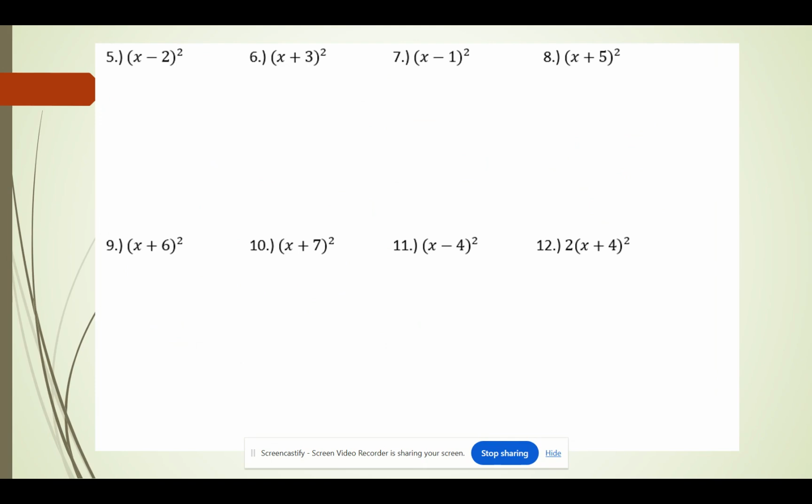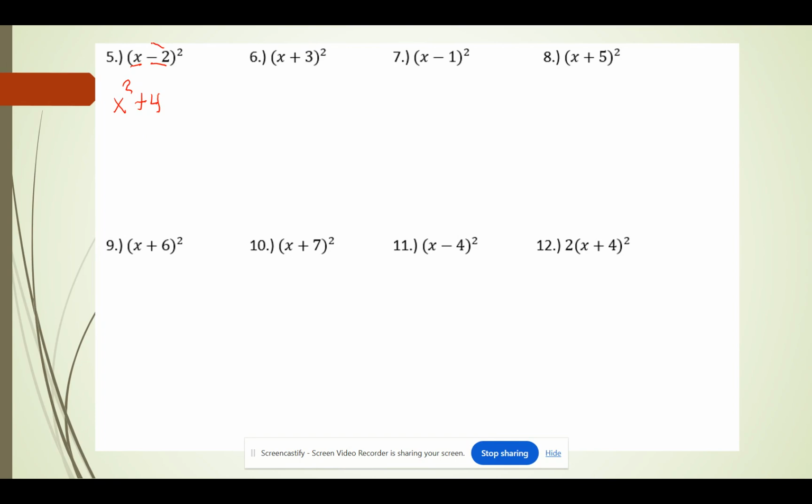So I want to try that technique a bunch of times so that you get the hang of it. All right, so I call it square, square, multiply, and double. So we're going to square the first term. We're going to square the second term. Now, minus 2 squared is positive 4.